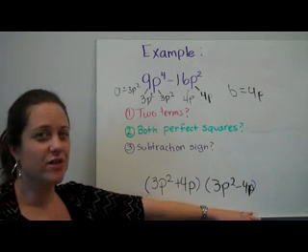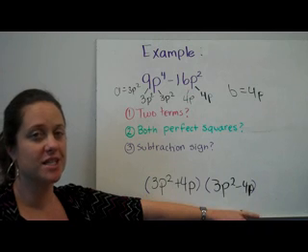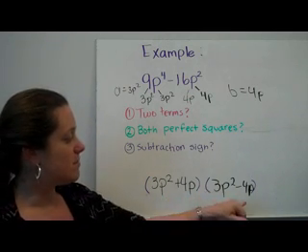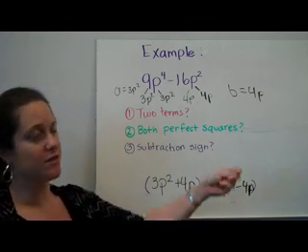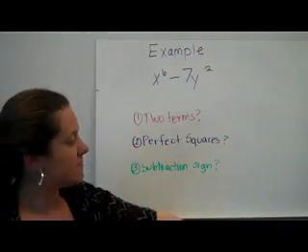These might remind you of the conjugates, because when you multiply them together, they get rid of that middle term just like it did when we multiplied conjugates. It's a similar concept: the middle terms cancel out and all you have is the first term squared minus the second term squared.